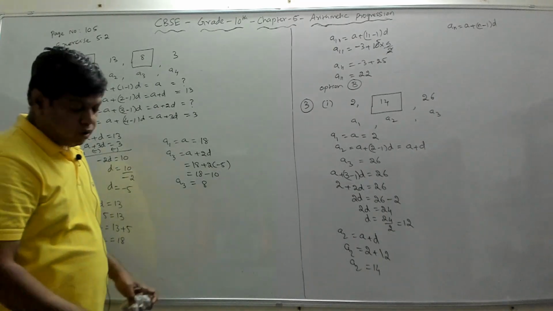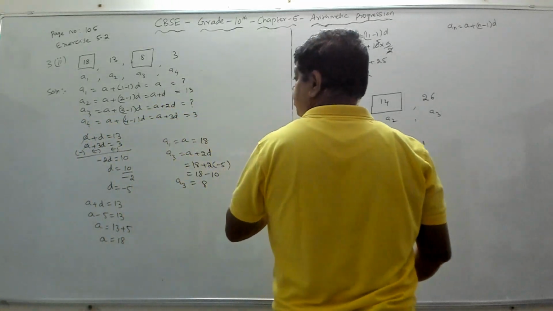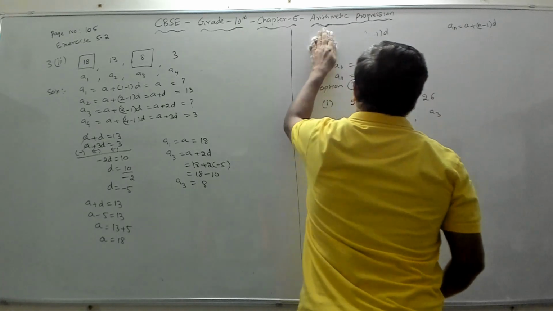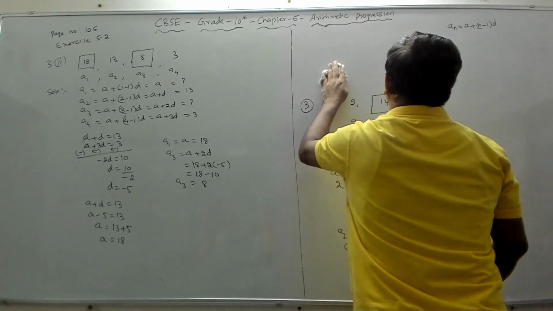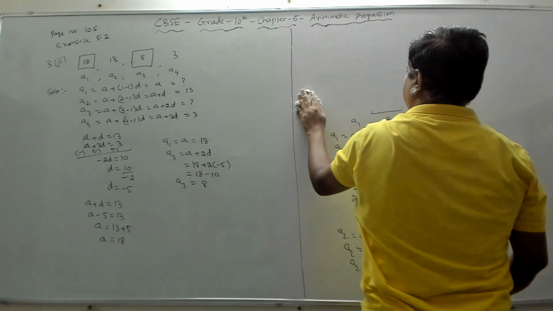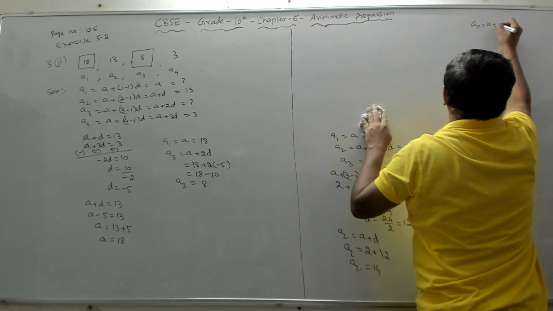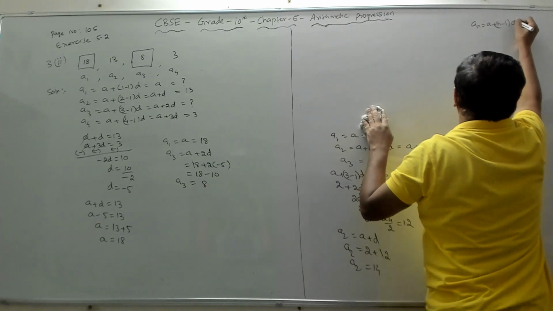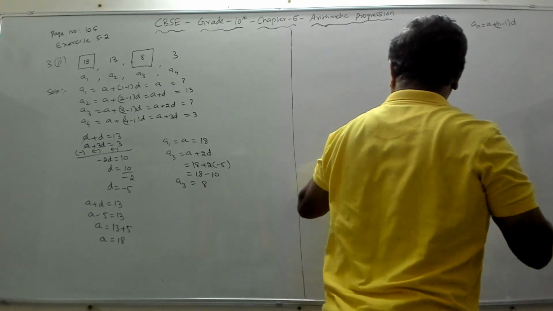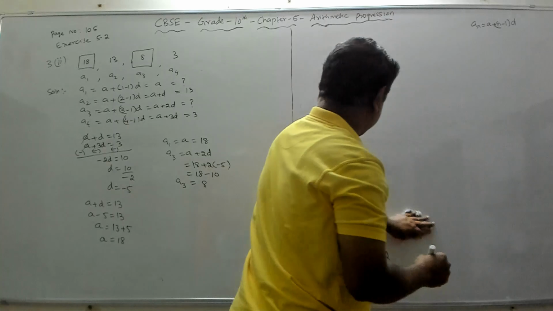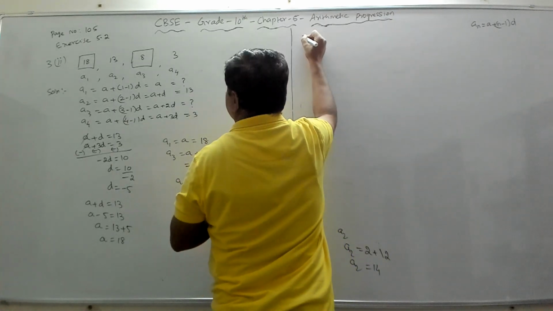Right. So now the third problem. Let me erase this. I'll keep this formula: An is A plus n minus 1 into D. So now the third part.